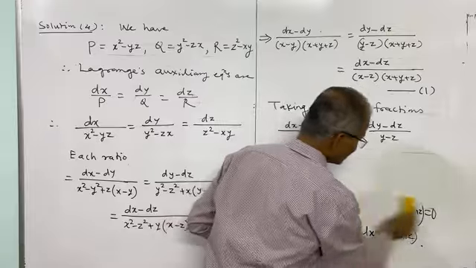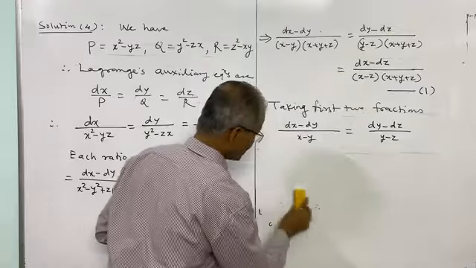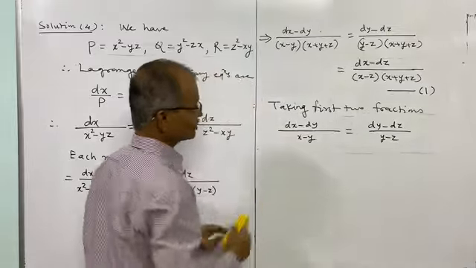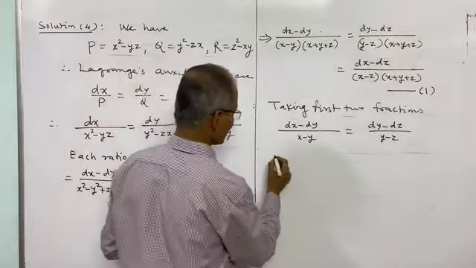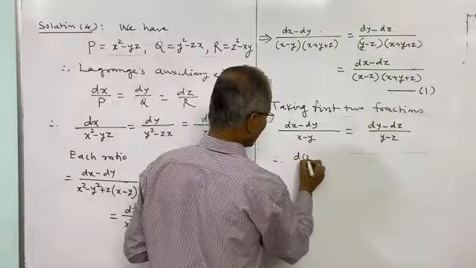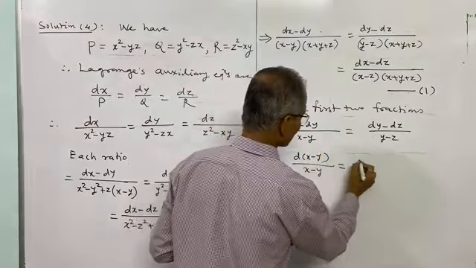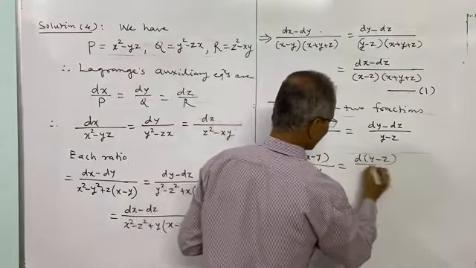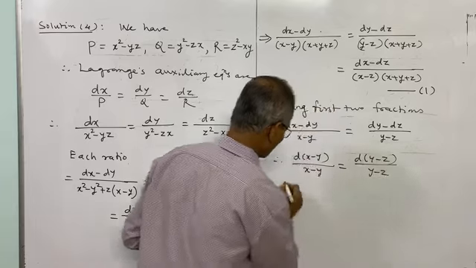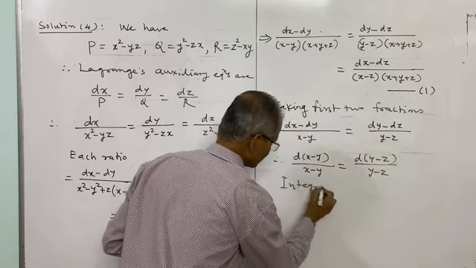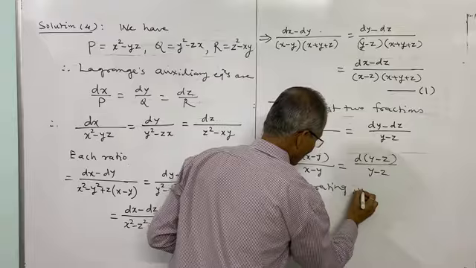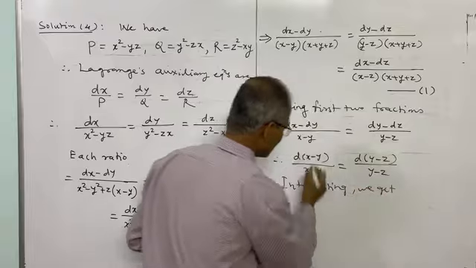And now this is integrable. Actually the numerator is differential of x minus y, that is d of x minus y, dx minus dy divided by x minus y is equal to d of y minus z divided by y minus z, and integrating we get, now what is the integration of this?